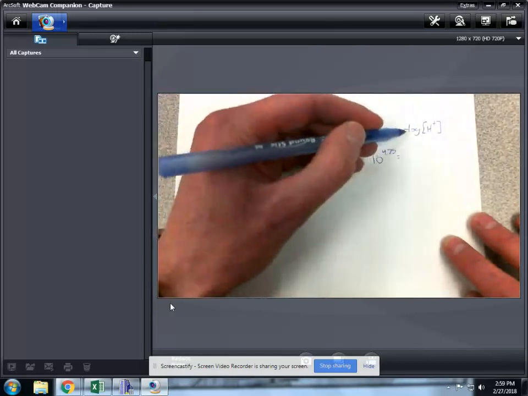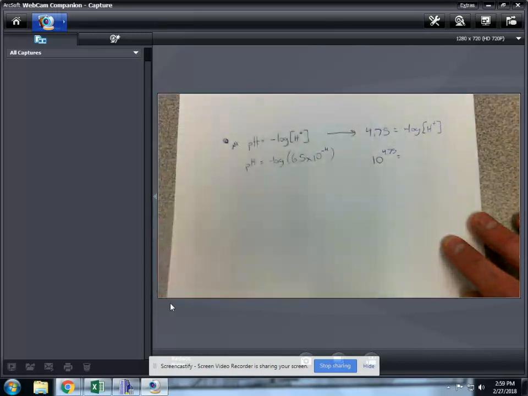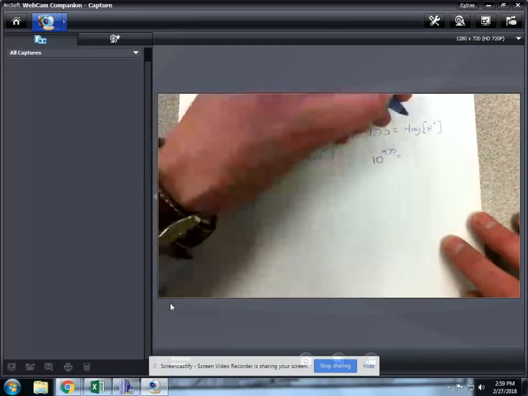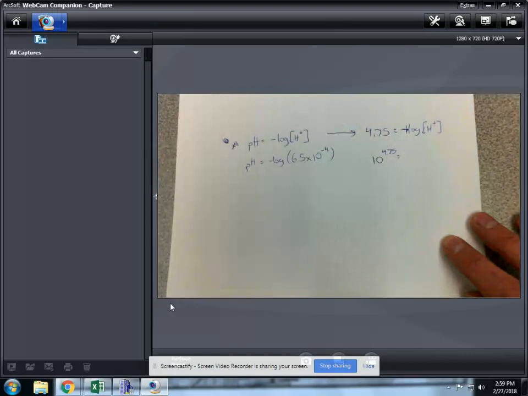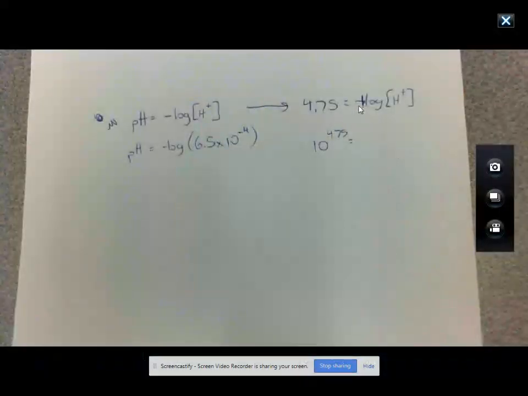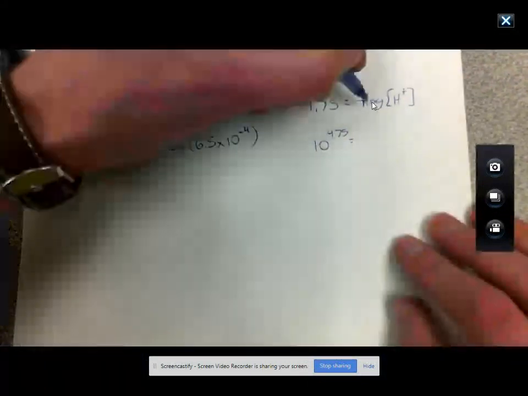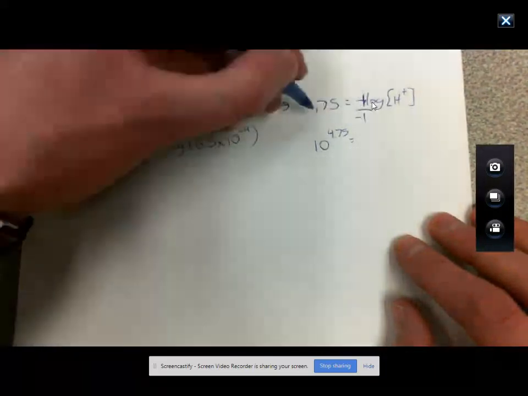Before we can rearrange this, this negative has to be dealt with. One way we could deal with that negative, remember, that's like a negative 1. So if you have that negative out front, it's like a negative 1 times the log of the hydrogen ions. So I could divide by negative 1.